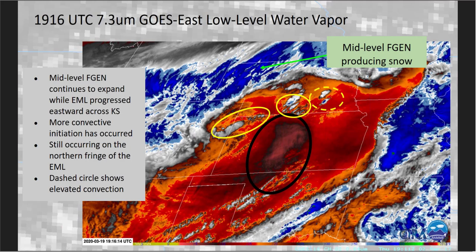But again, still on the northern fringe of that, kind of where we saw those lapse rate gradients a little bit ago, and we'll look at those again here in a second. But also note that there are some convective elements now in southeast Nebraska that probably are elevated, at least to start with. But these central back into northwestern Kansas are probably a little bit closer to surface-based convection there.